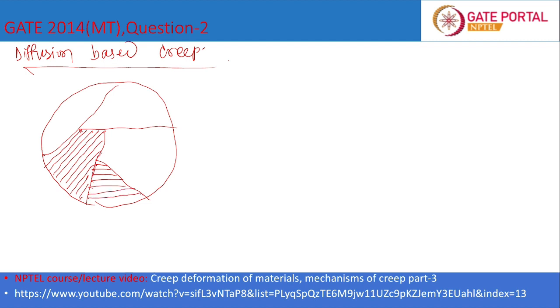So at the grain boundary region there is some kind of disorder, like in one grain the orientation is in this direction and in the neighboring grain the orientation is in this direction. So what happens is, random orientation at the grain boundaries.